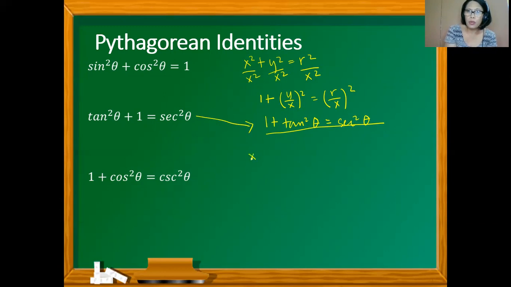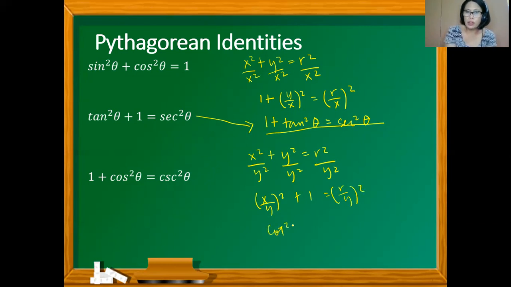Now, if we're going to divide each term this time by y squared, so this becomes quantity x all over y squared plus 1 equals r all over y squared. So x all over y is cotangent, then squared theta plus 1 equals, so this is r over y is cosecant squared theta.